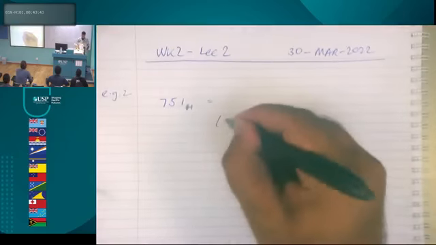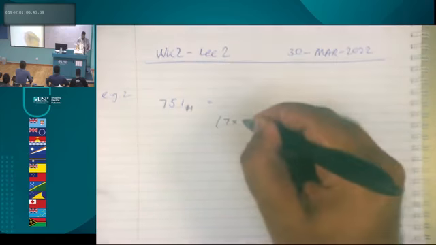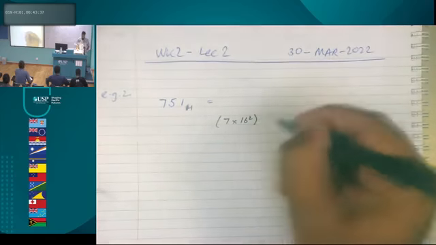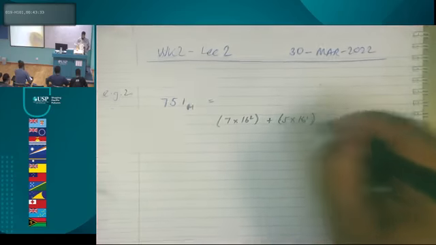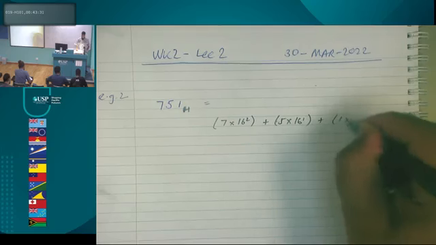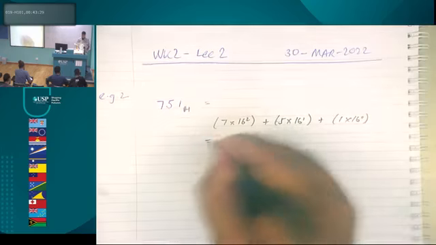So 751 is 7 times 16 squared plus 5 times 16 to the 1 plus 1 times 16 to the 0. And what do we get, guys?